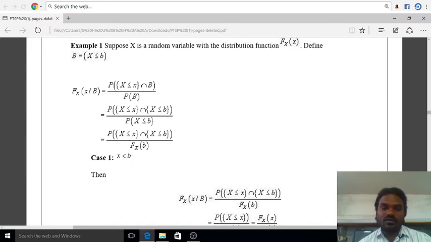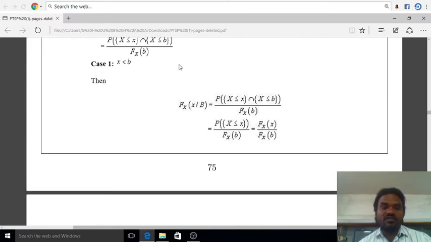For the first case, the distribution function F_X of x given B is, by the standard formula, the probability of x less than or equal to small x intersection x less than or equal to b, divided by F_X of b. This reduces to the probability of x less than or equal to x only, because the one event is a subset of the other.